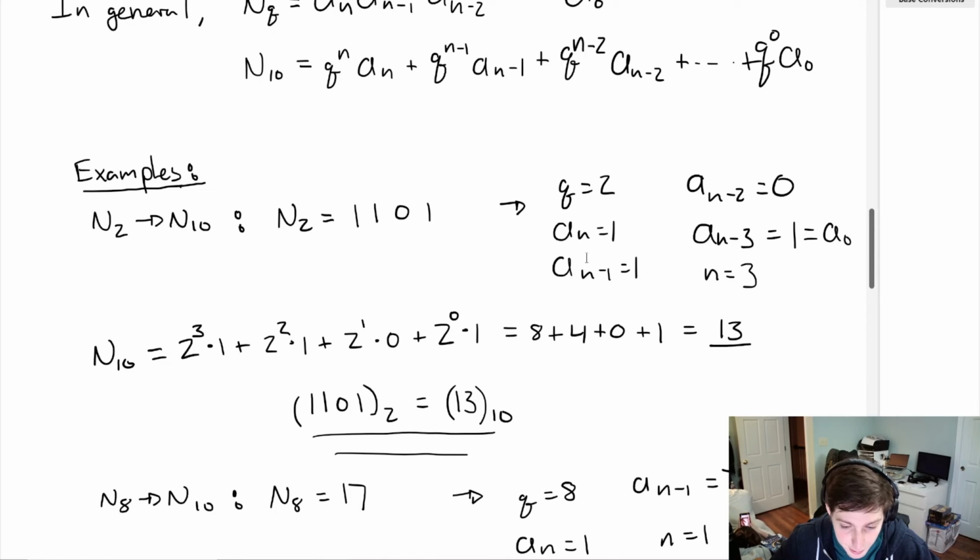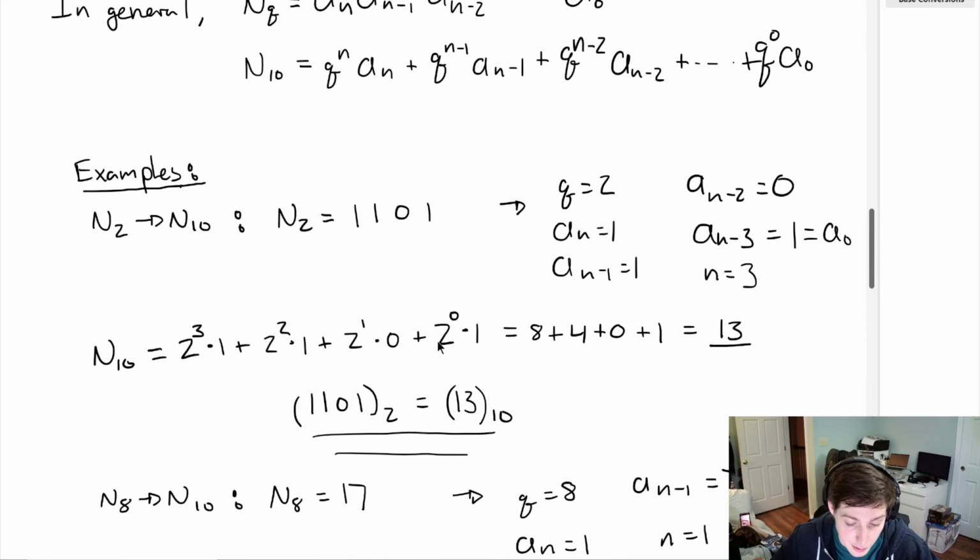So now we have everything defined to plug into this formula. If we want to expand this number in base 2 in terms of base 10, we take q, raise it to the n, which in our case is equal to 3, times that first value right here, which is 1, then plus 2 to the second, because we have an n minus 1 here, and then that second term is also 1.